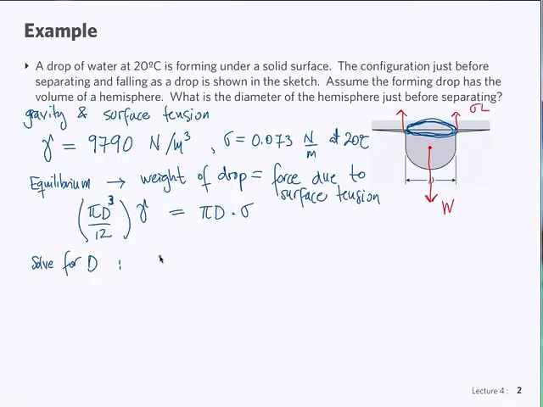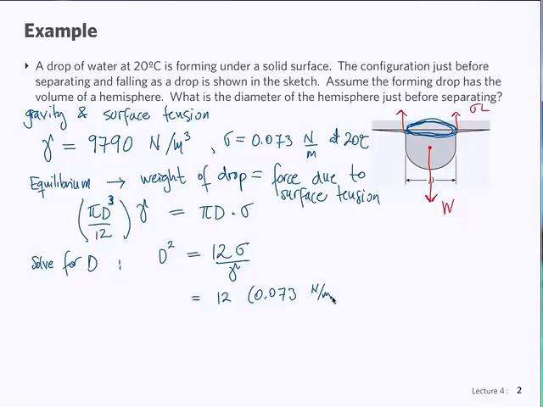Okay, so one of the D cancels out, and I have D squared. Let me just go a little bit quicker here. And this is 12 times we have surface tension 0.073. Remember how to do better in your exams? Carry your units, okay?